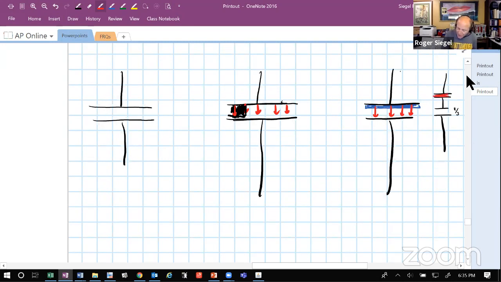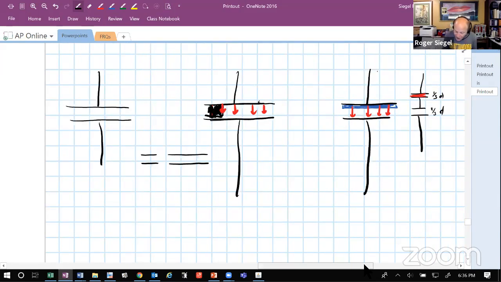All right. And so that's what this would behave like. Over here, look at what we have. We've got two capacitors. Okay. And I haven't changed the distance between them. I don't have 1/3 D and 2/3 D.